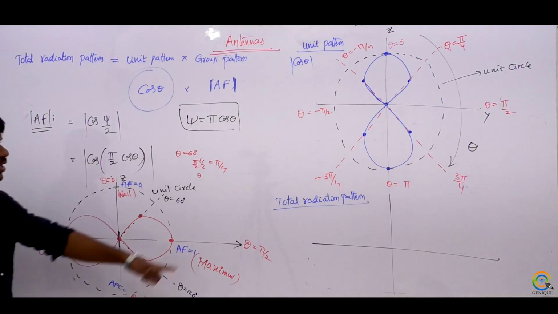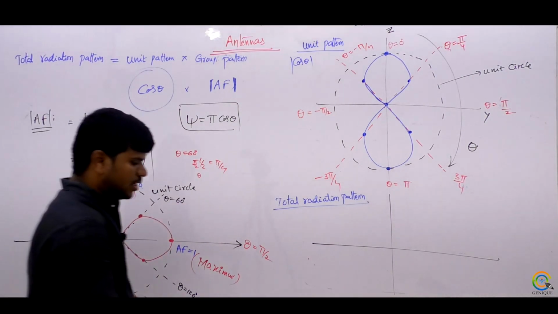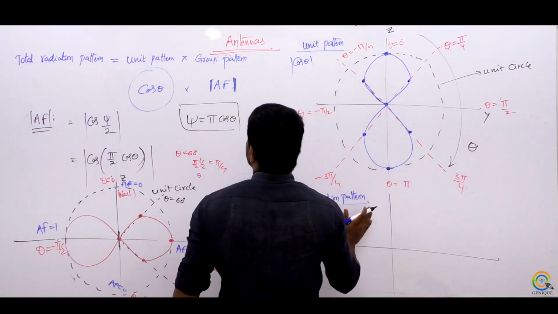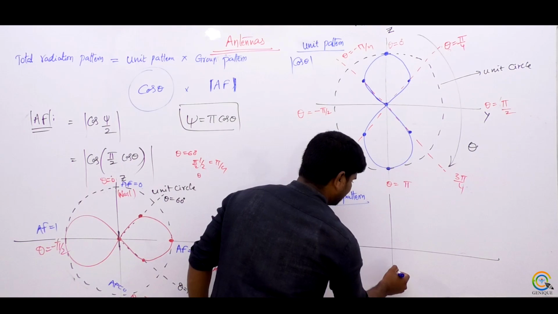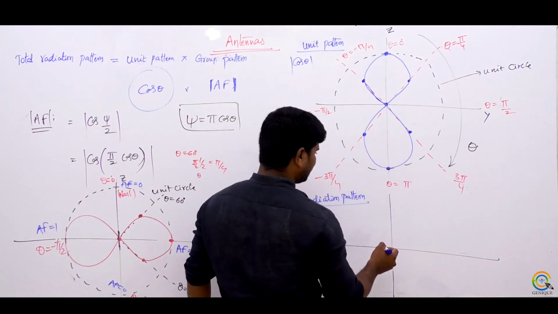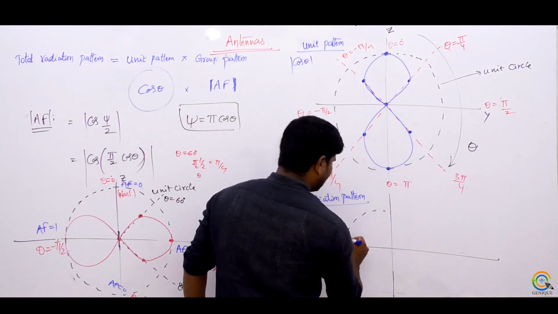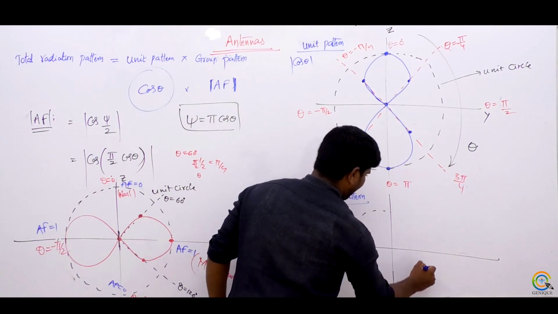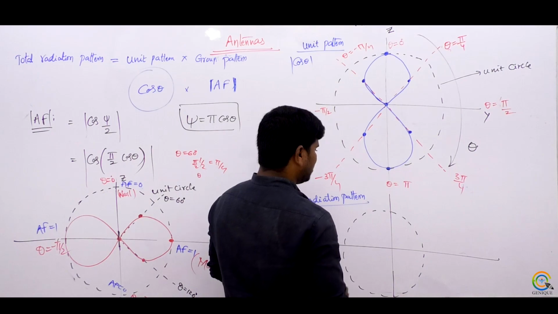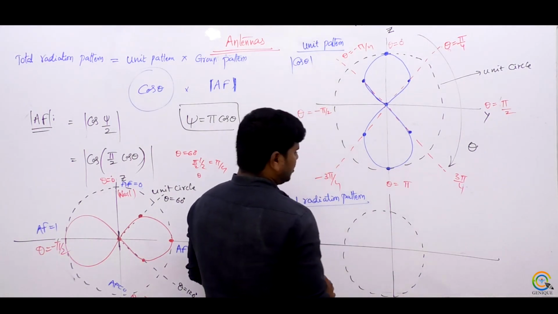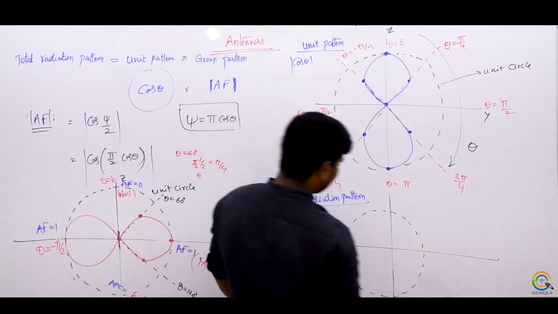Now come to the total radiation pattern. Again we draw the same arrangement, the same unit circle here.